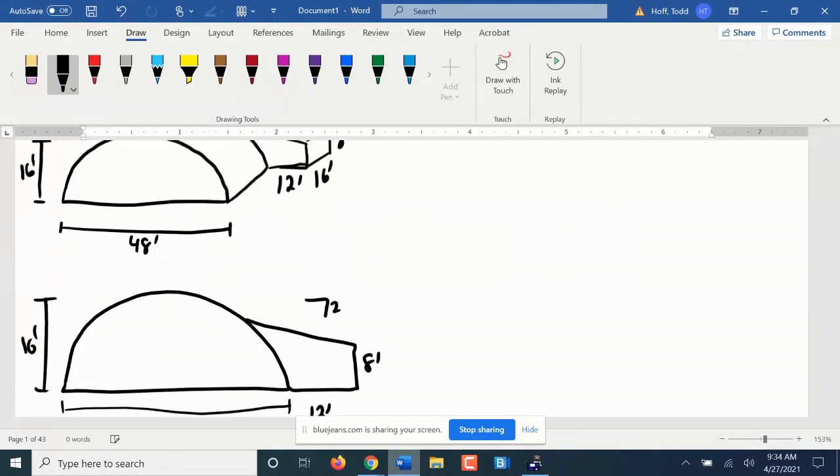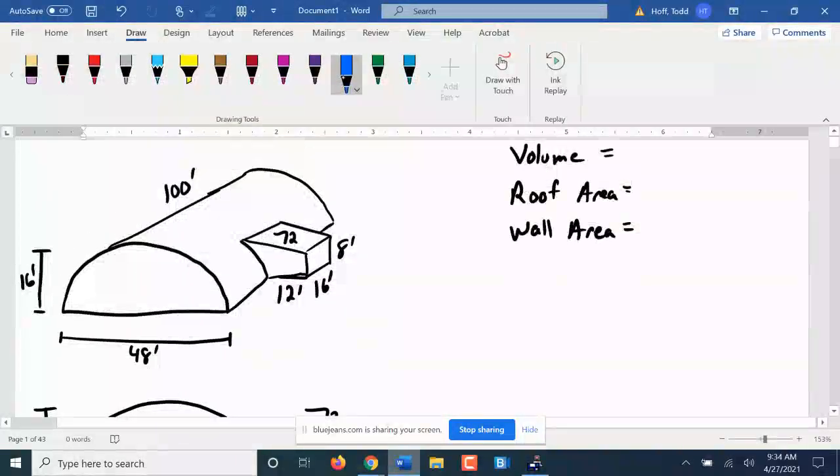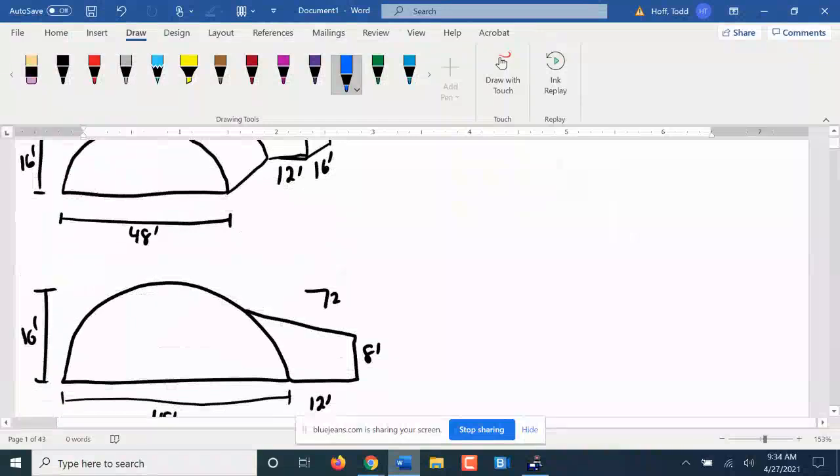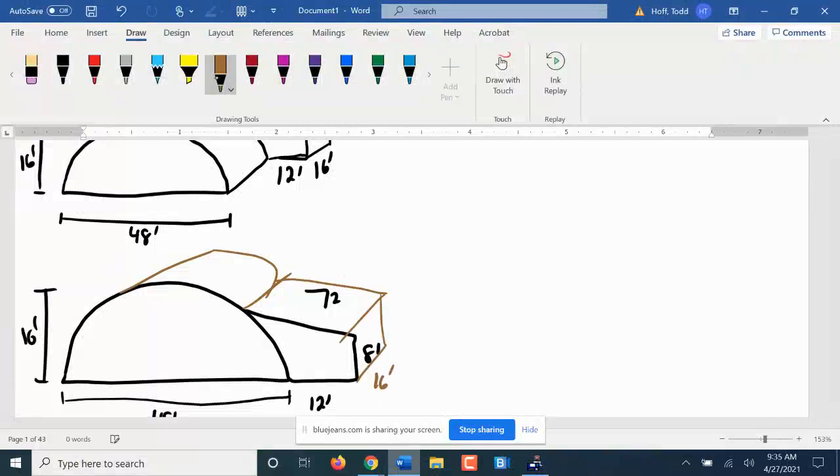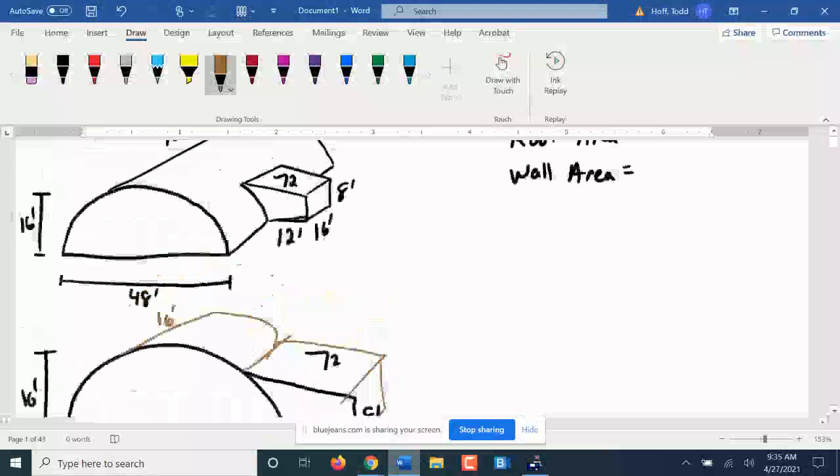What I've done there is I've actually just cut out this section of the shed, and I've pulled it all out so that we can look at it separately. So that means this does have a depth to it, and that depth is 16 feet. So I just pulled out that 16-foot section that has that lean-to sticking off the side. And we're going to work on that right now.